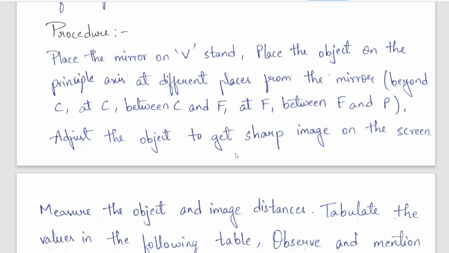Now let us see the procedure to perform this experiment. Firstly we have to place the mirror on the V stand. Then we have to place the object on the principal axis at different positions from the mirror. Okay, these positions might be beyond the center of curvature, at the center of curvature, between the center of curvature and focus, at the focus, or between focus and pole.